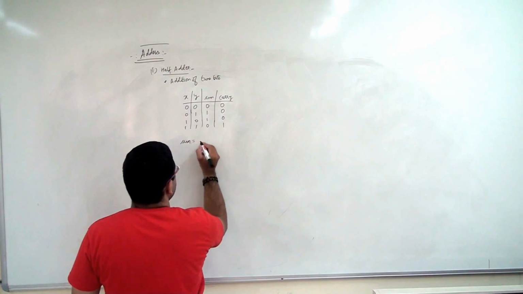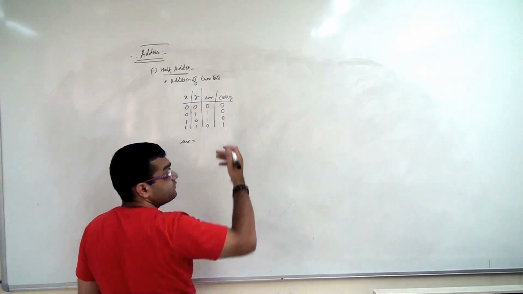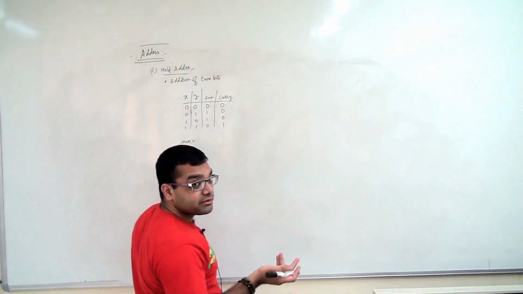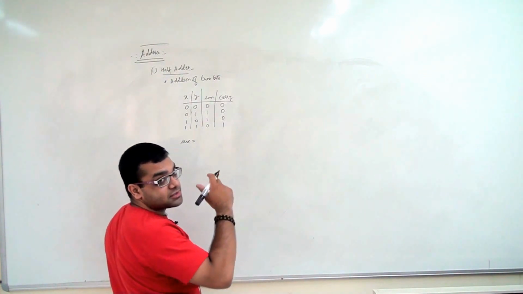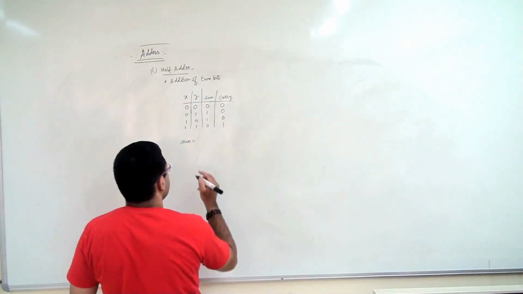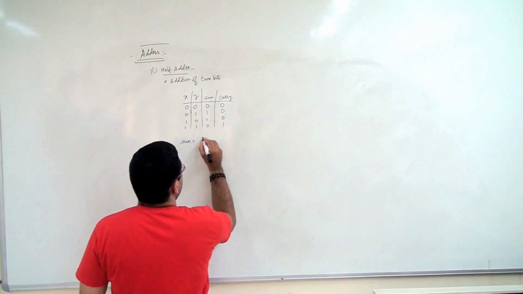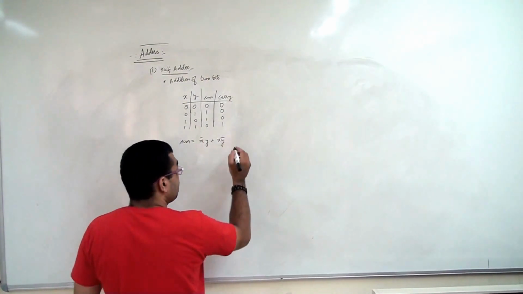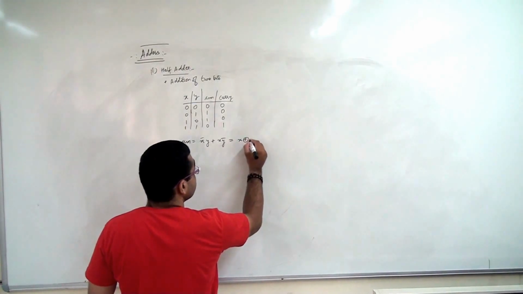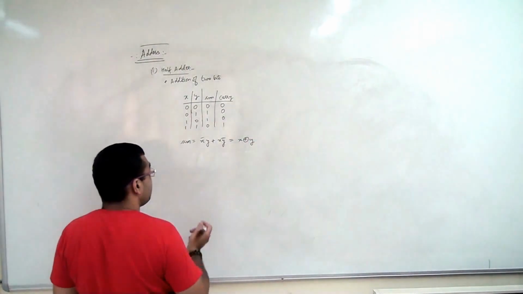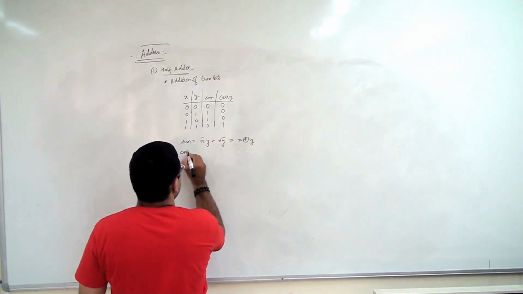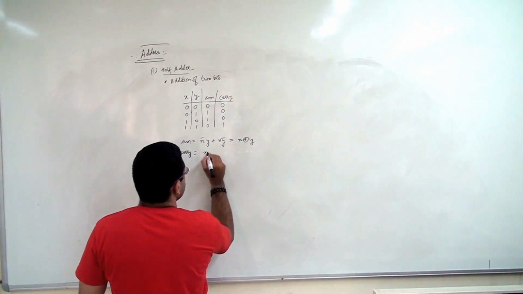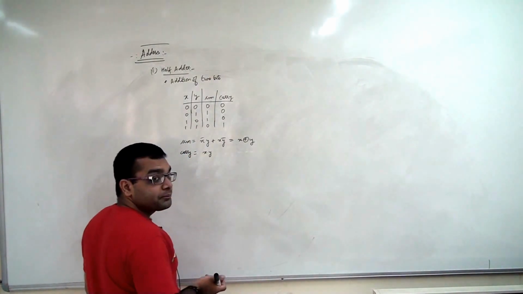From this we can write the equations. Sum and carry are functions that will be the outputs of our half adder circuit. Sum is x bar y plus x y bar, which we know from our knowledge of logic gates is the XOR function. Carry is x dot y, or xy.